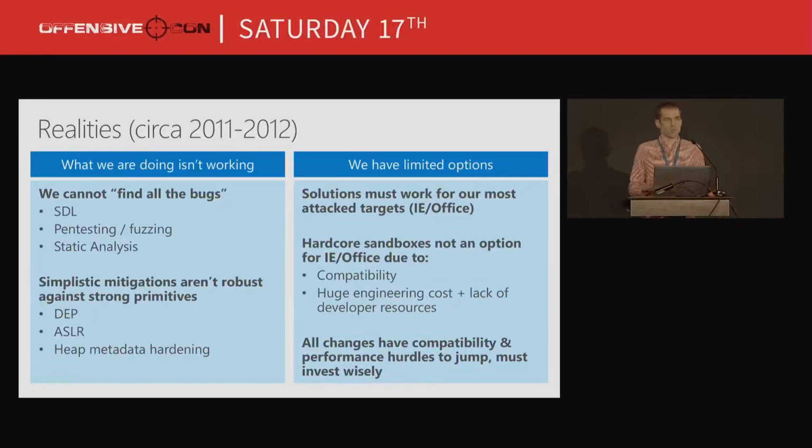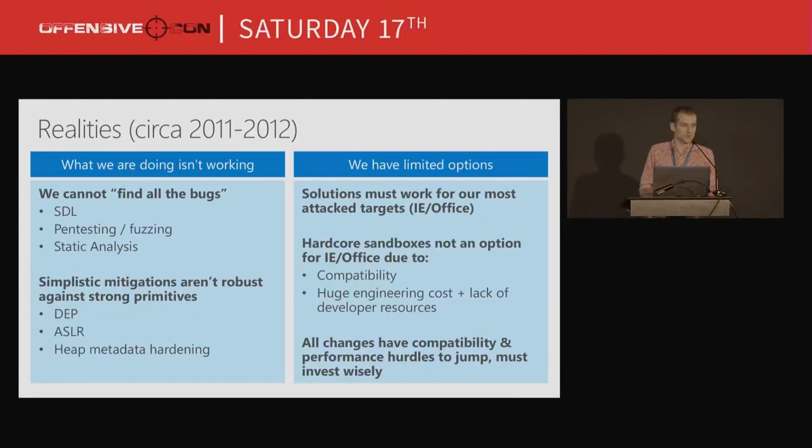When we look at what our options are as far as trying to keep people safe, we do have limited options. For one, obviously, anything that we end up doing needs to work for the targets that get attacked the most, so Internet Explorer and Office. One of the options that we would have certainly liked to pursue at the time was doing a lot more hardcore sandboxing for Internet Explorer and Office.